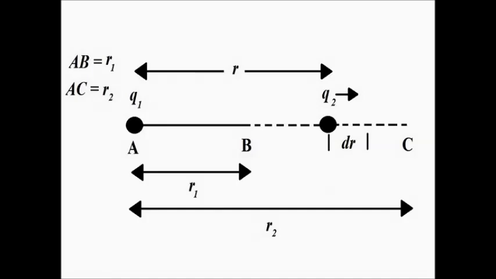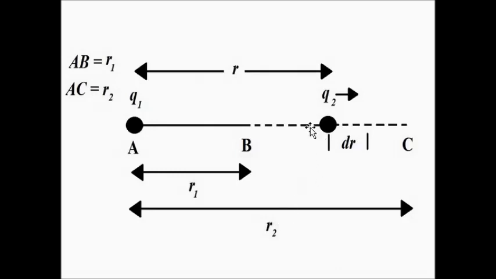But Q2 can move, and it changes its position from B to C. The separation AB, the distance between points A and B, is R1, and the separation AC, the distance between points A and C, is R2.